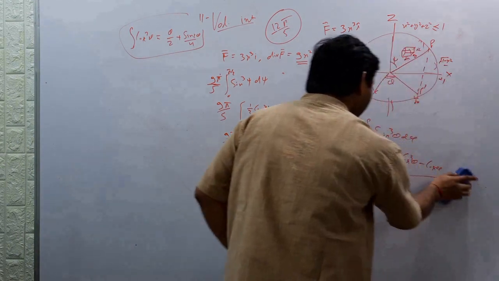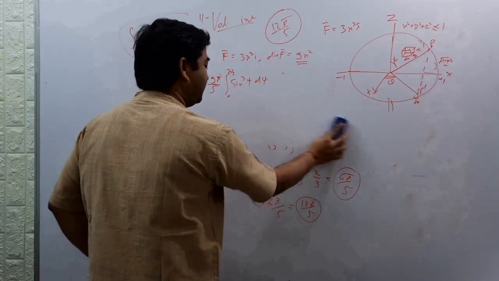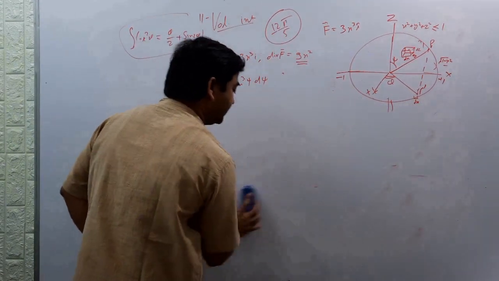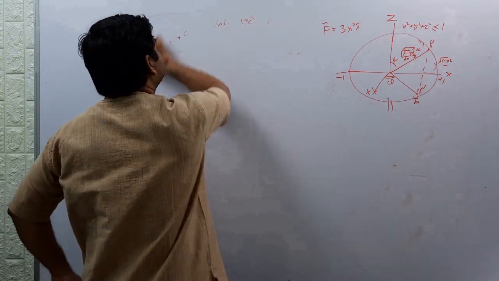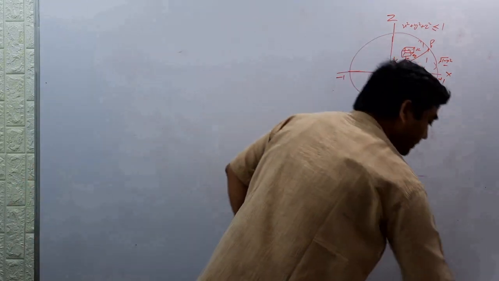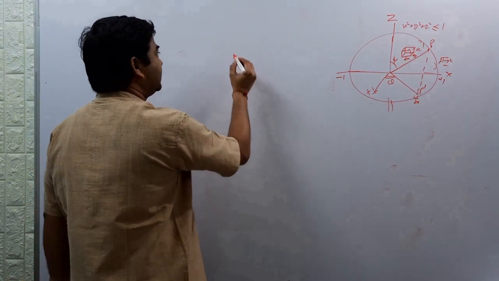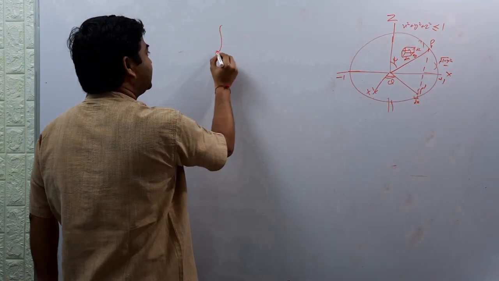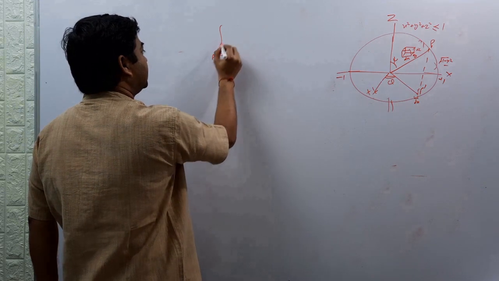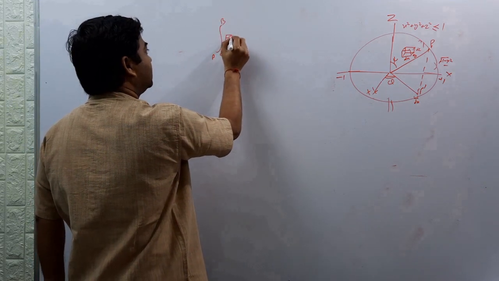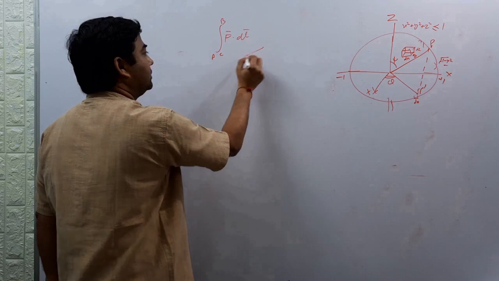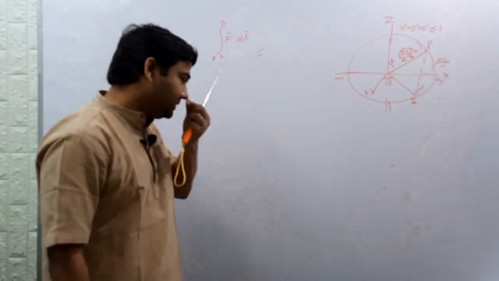But in vector calculus, you will find that these things are written in standard form, so you should not be confused. I will write how these are written. Line integration is written as integral over C from A to B of F dot dl. You will find line integration like this.